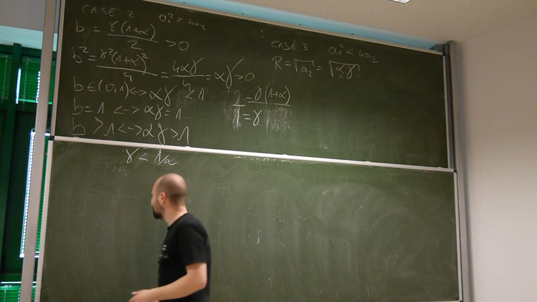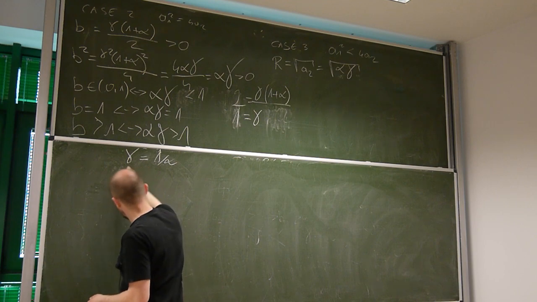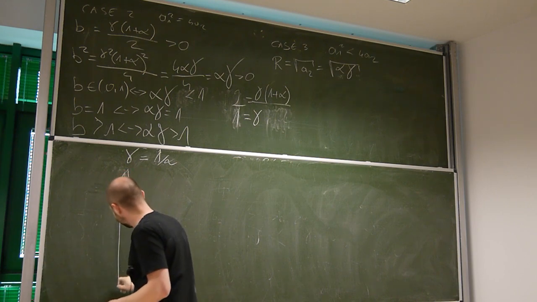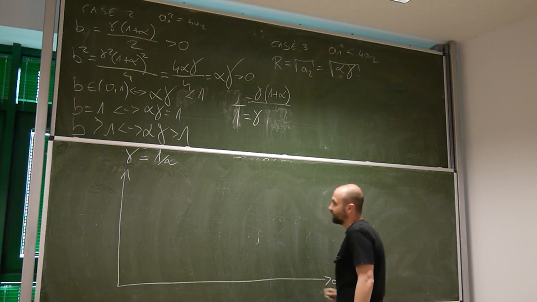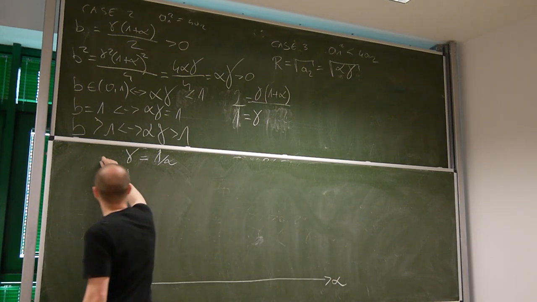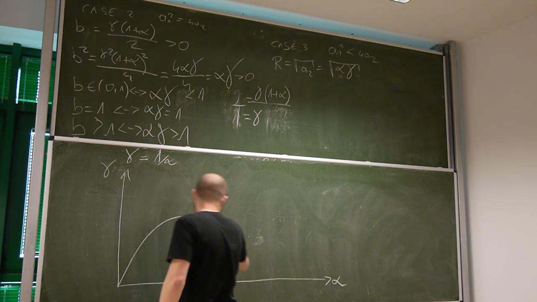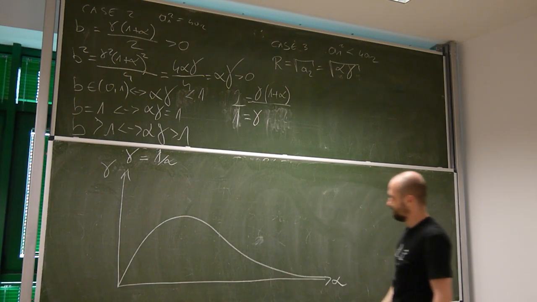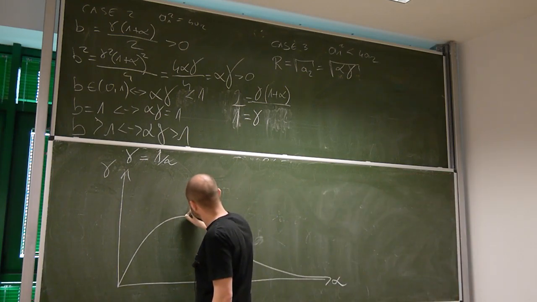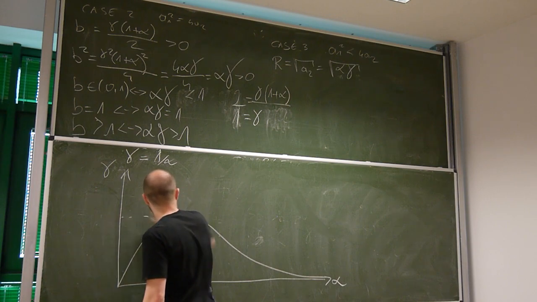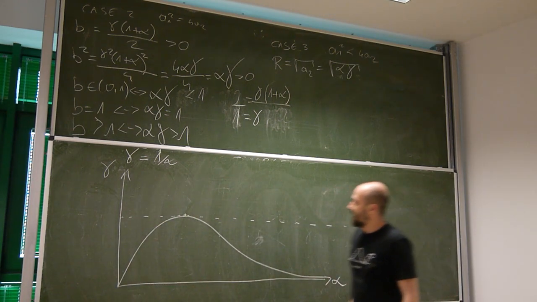Okay, so let's put it all on the graph. Here we have alpha, here we have gamma. And let's start with the line we already had. This is the line. It has maximum at 1.